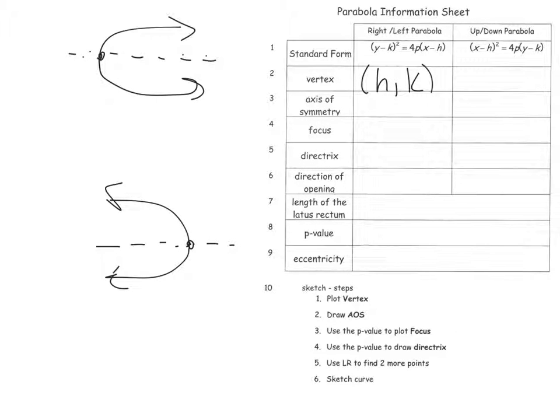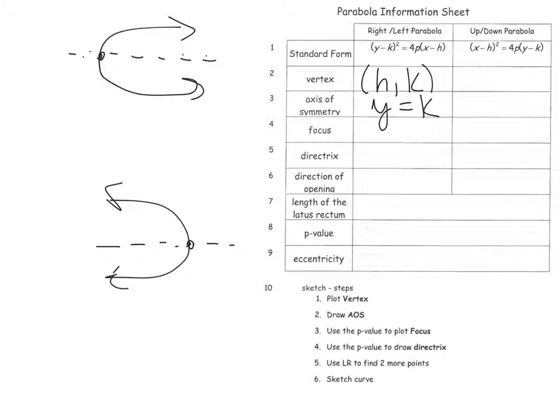We talked about this before. And because in this case it's going horizontally, the equation of the line would be y equals k. So it could be y equals 2, it could be y equals 3, it could be y equals -7. I don't know, but it's because it goes straight across. It's a horizontal line, so it's a y equals line.